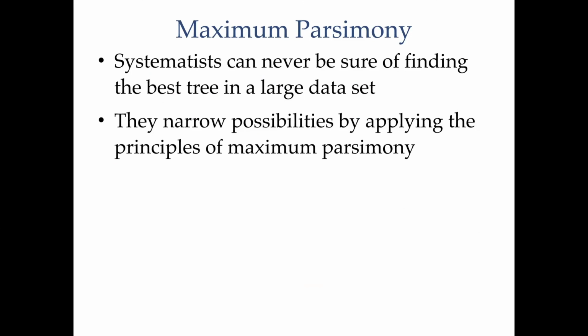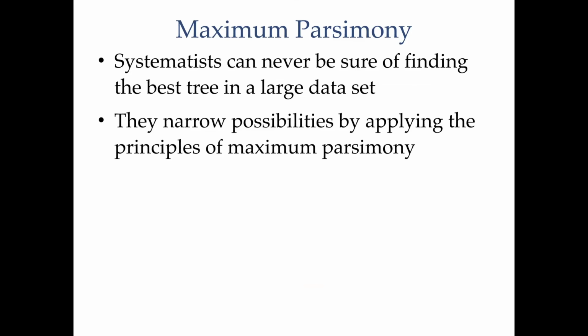Now, this thing that we just made here, constructing this tree based on the characteristics that we attributed in that data matrix, what we did was just to use maximum parsimony. So what does parsimony mean?